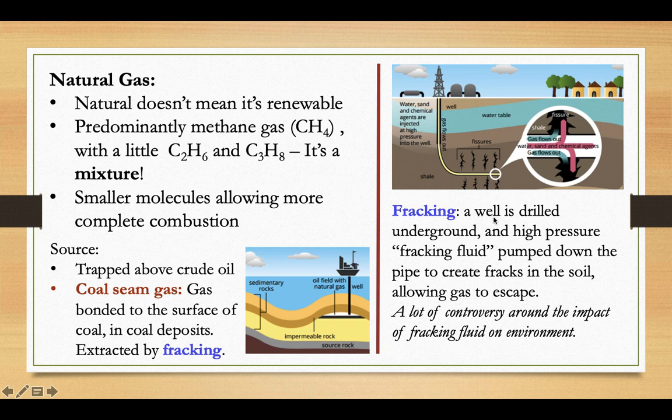A well is drilled under the ground, and fracking fluid at high pressure is pumped down into this pipe. The pressure then fractures the land around it, creating small fissures, allowing the gas to flow out. That gas is normally a mixture, but predominantly natural gas, and that is what we want. However, there's a lot of controversy around the impact of fracking fluid on the environment, and it is banned in Victoria.